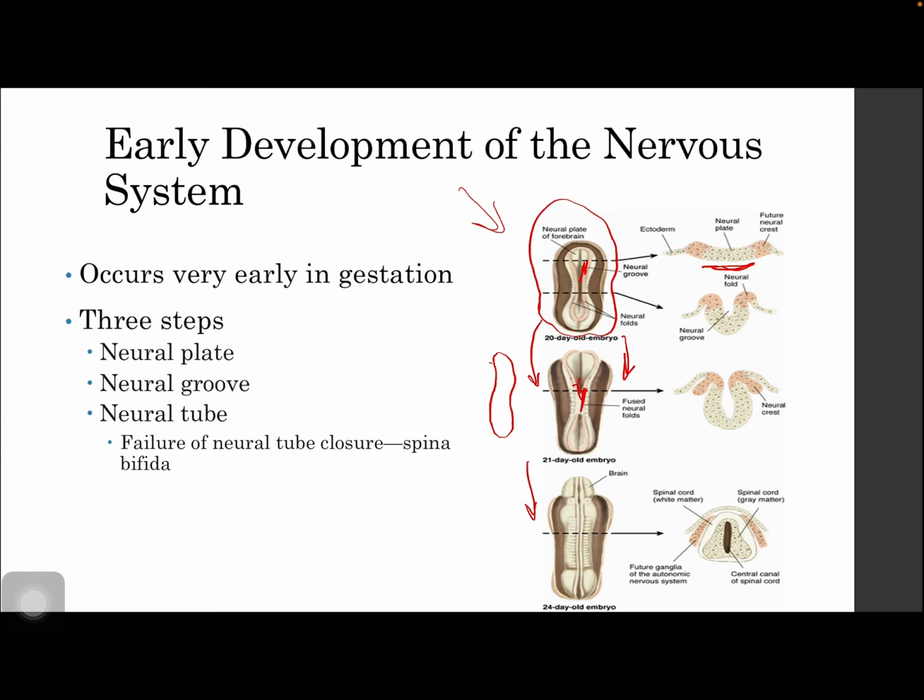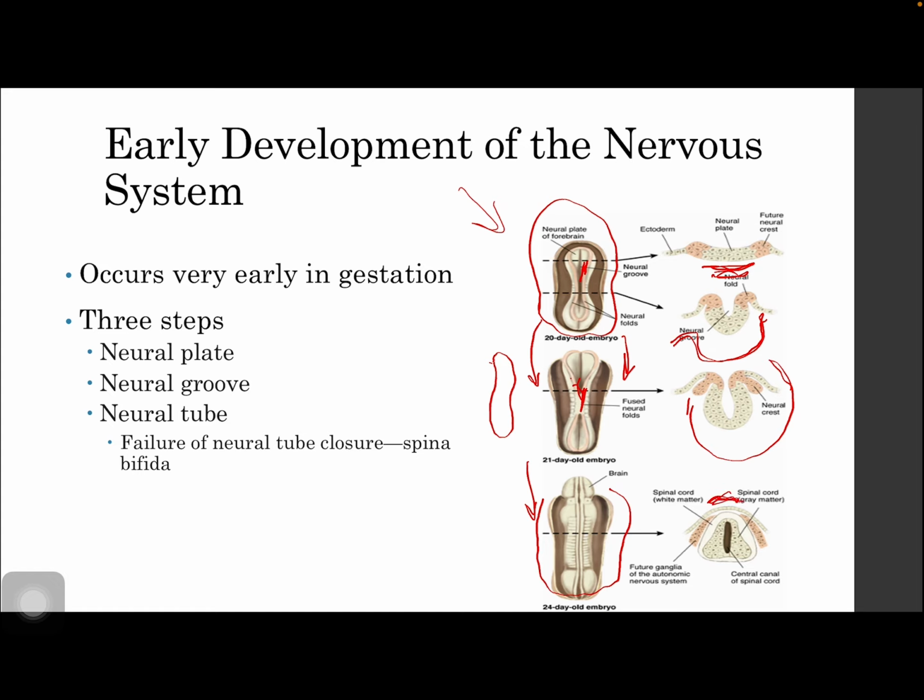And by 24 days, these cells fold in on themselves to secure what we refer to as the neural tube. So here's a 24-day-old embryo.